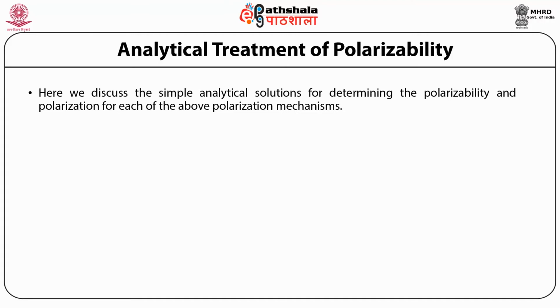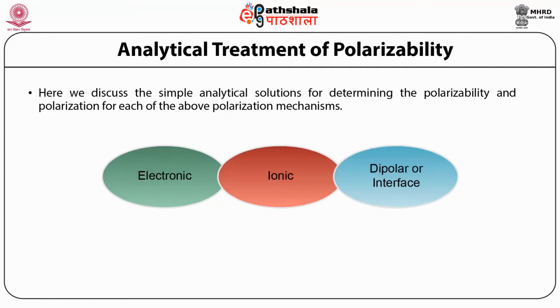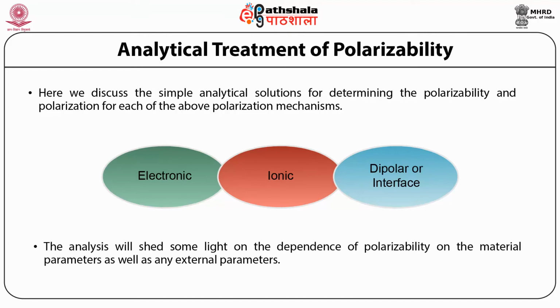Here we discuss the simple analytical solution for determining the polarizability and polarization for each of the polarization mechanisms we talked about in the previous slides, that is electronic, ionic, dipolar or interface. The analysis will shed some light on the dependence of polarizability on the material parameters as well as any external parameters.